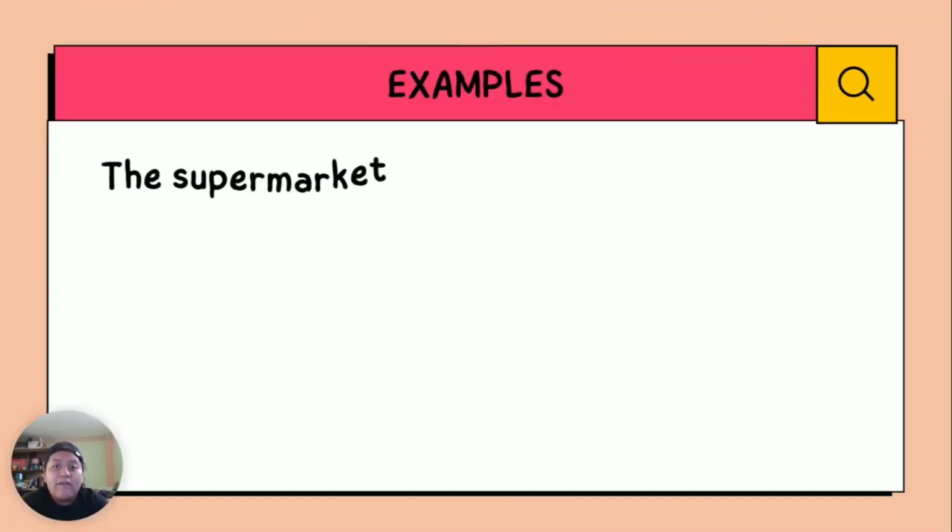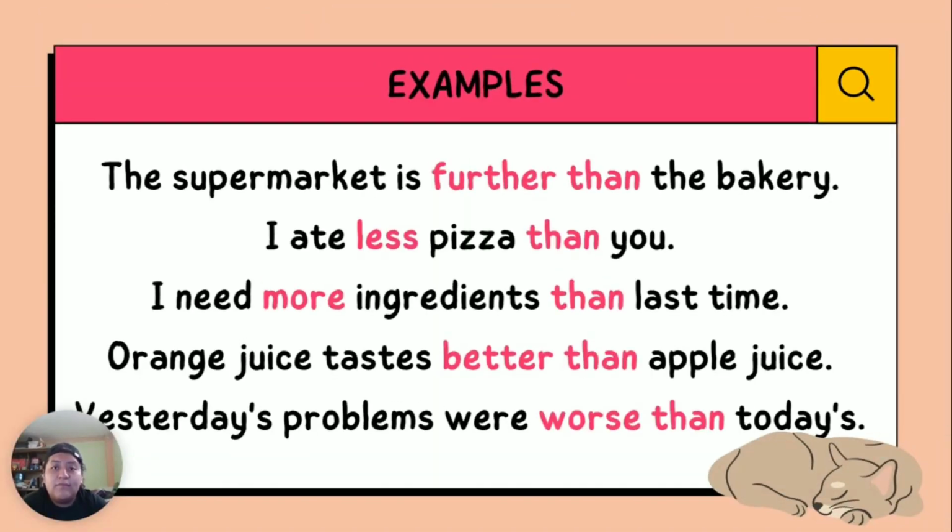And here we have examples in the comparative form. The supermarket is farther than the bakery. The adjective is far. Next example, I ate less pizza than you. The adjective is little.